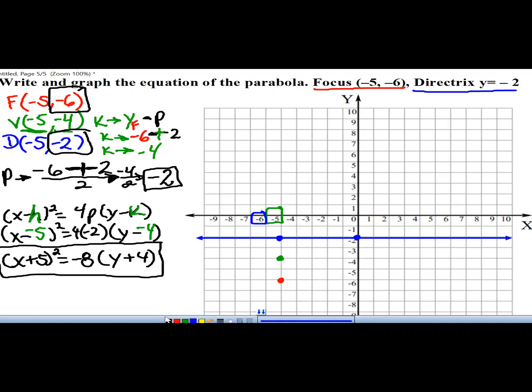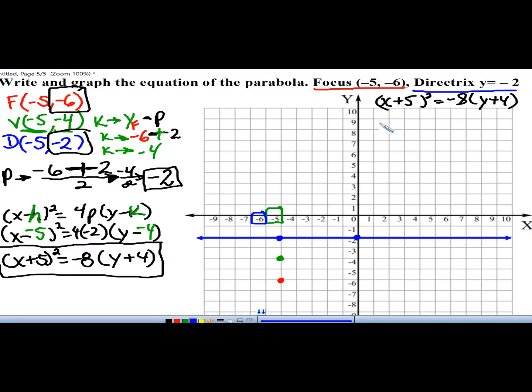Okay. Now here we go. So what you're going to do tonight, you're going to take the equation you came up with. Here it is. (x + 5)² = -8(y + 4). And we're going to substitute -6 into here for the x, because that's the x value, yes? So check this out.